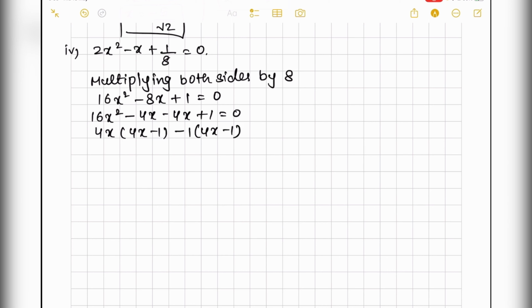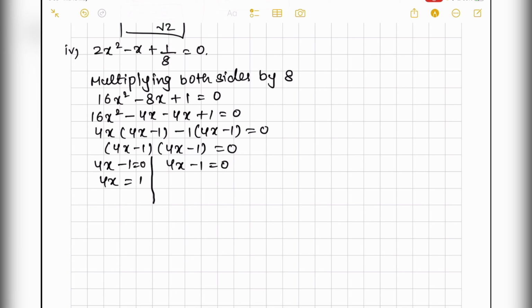If I take 4x minus 1 common, in the other bracket also I got the same. Now I can say 4x minus 1 equal to 0, 4x minus 1 equal to 0. So 4x equal to 1, so x equal to 1 by 4. Here also 4x equal to 1, so x will be 1 by 4. So both the solutions are equal here.